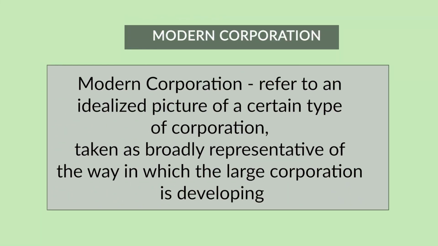We now come to the concept of what the modern corporation is all about. Modern corporation refers to an idealized picture of a certain type of corporation which is taken as broadly representative of the way in which the large corporation is developing.